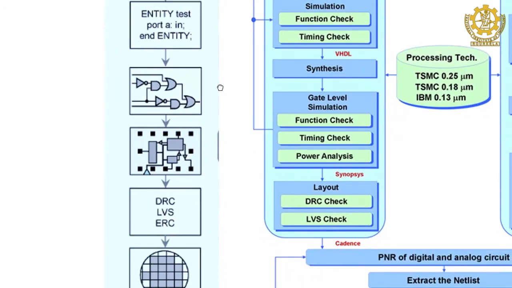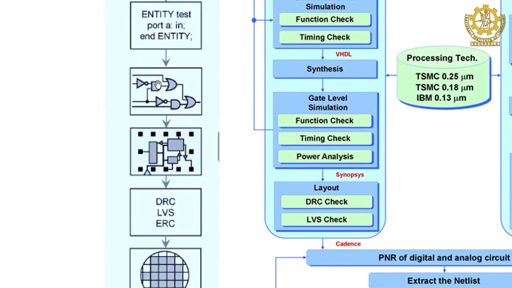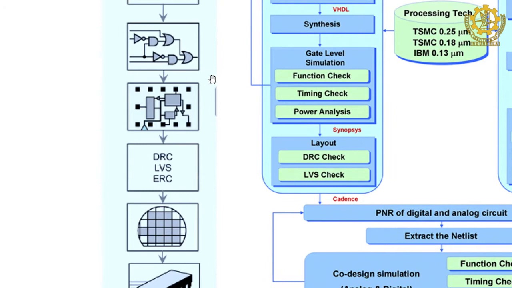Then after synthesis is over, you will get gates out of the code. So, this is the gate level representation. Once the gate level representation is done, the next level is the transistor level representation. Here they have given certain bond pins, bond pad dots, along with some blocks containing transistors.